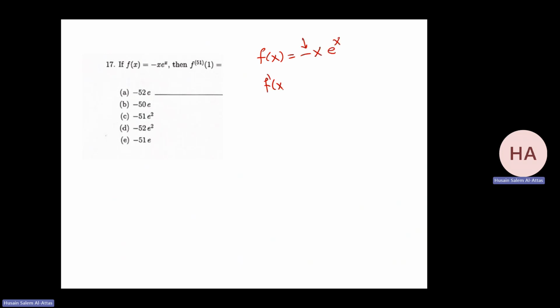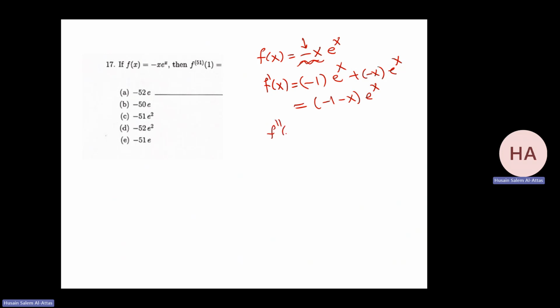F prime will be, let me do the calculation, minus 1 e to the power x, plus the first times the derivative of e to the power x, which is the same. That gives me minus 1 minus x e to the power x.